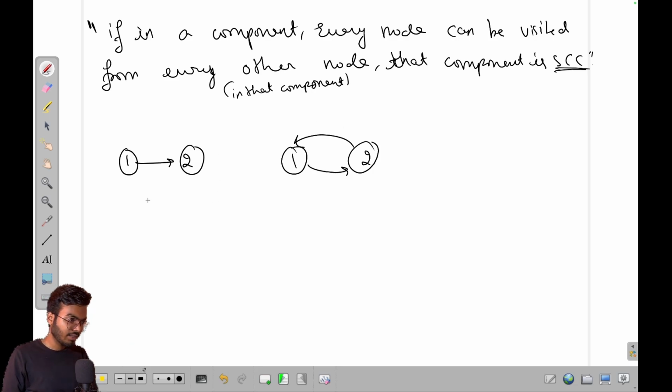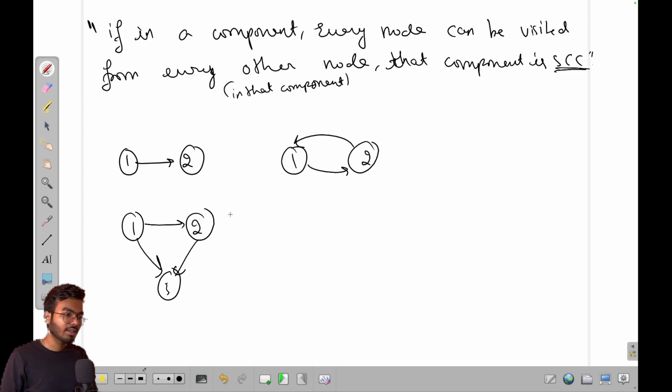Let's say we have something like 1, 2, and 3 with these edges. Is this a strongly connected component? No, right? Because I can't visit 1 from 3. I can visit 3 from 1, and 3 from 2, but I can't visit 1 from 3.